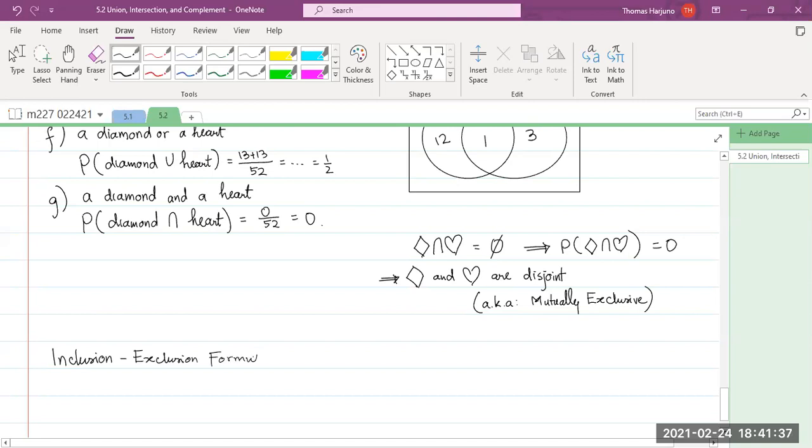I prefer this name. Our textbook calls this the general addition formula. I want you to memorize this first, okay?